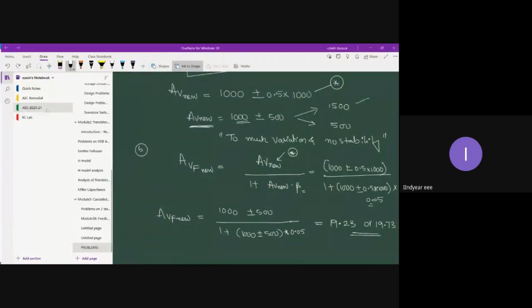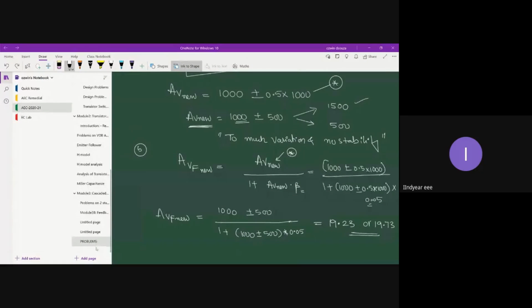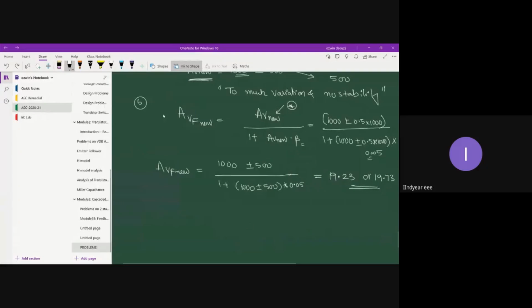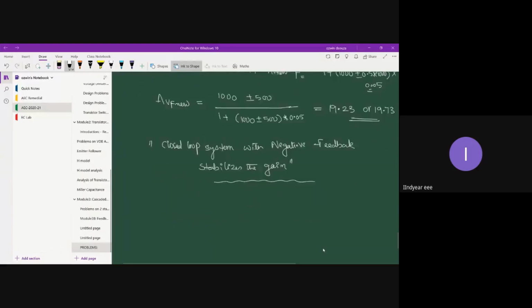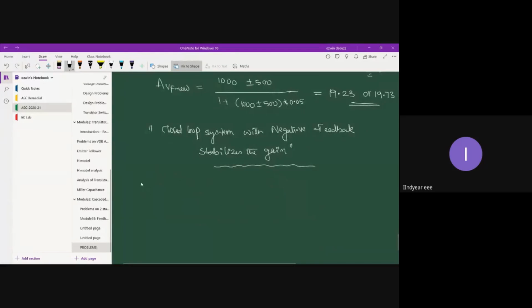Obviously, the closed loop system is better because it greatly stabilizes the overall amplifier gain. So you can say that closed loop system with negative feedback stabilizes the gain. Okay, all right. So that's your problem number 5.